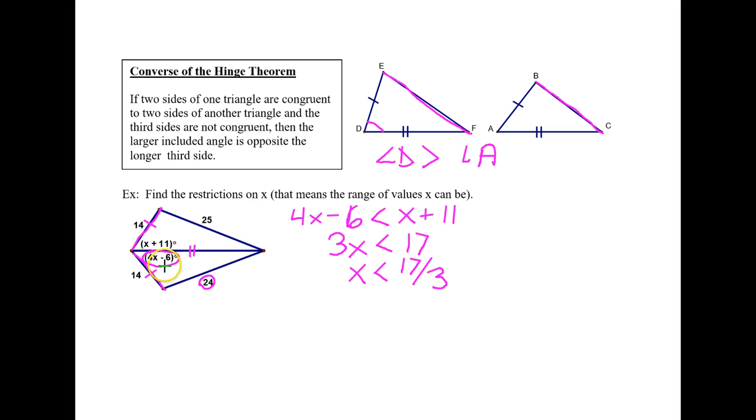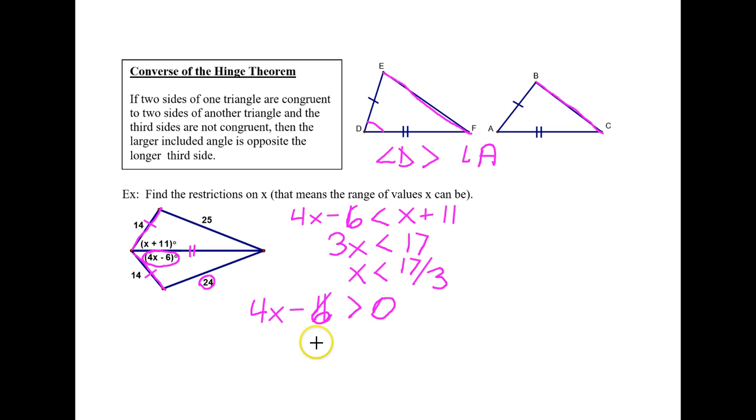It can't be anything negative. You go ahead and write this down too. We're almost done here. 4x minus 6 has to be greater than 0 degrees.